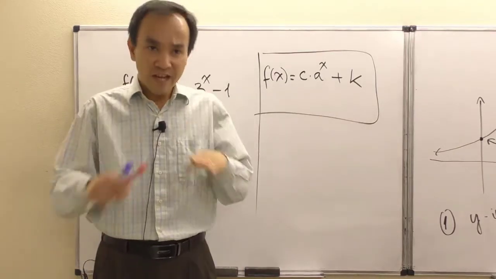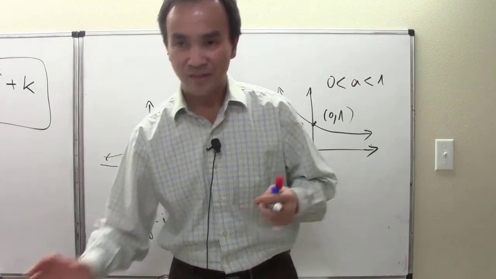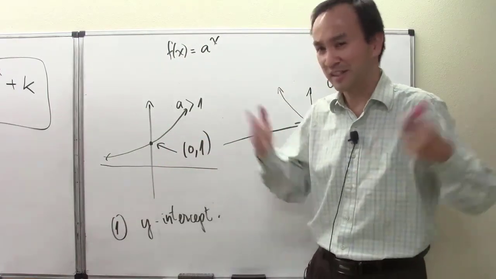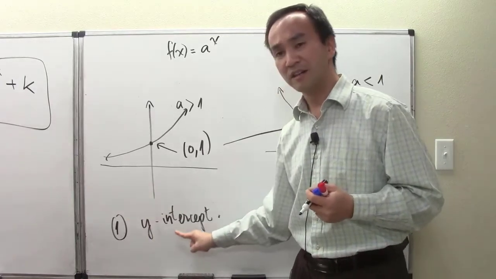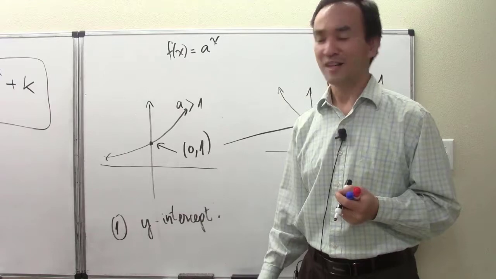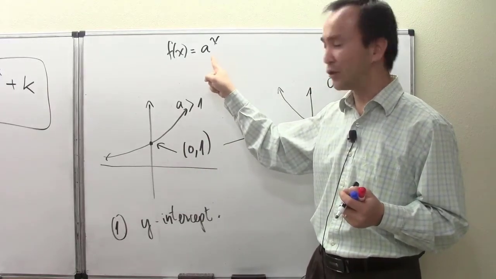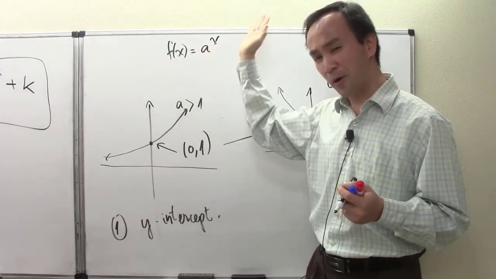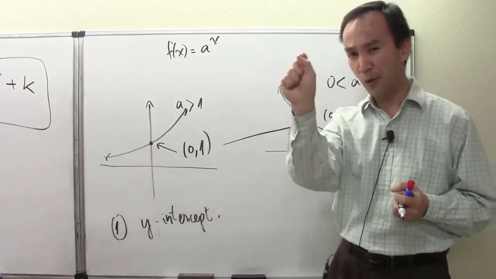Okay, because the first important or fascinating characteristic, whatever you want to call it, is the property about the y-intercept right here. Right now it's at (0, 1), but only for the case where your function is an ordinary, simple, or basic exponential function, just the simple a to the x.